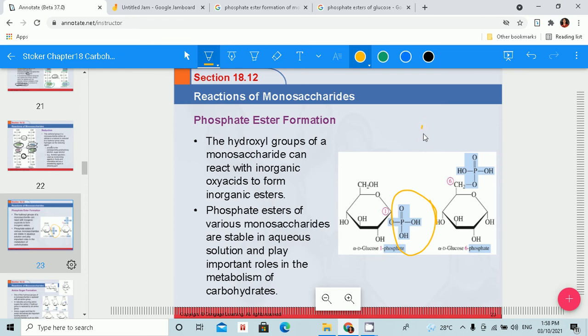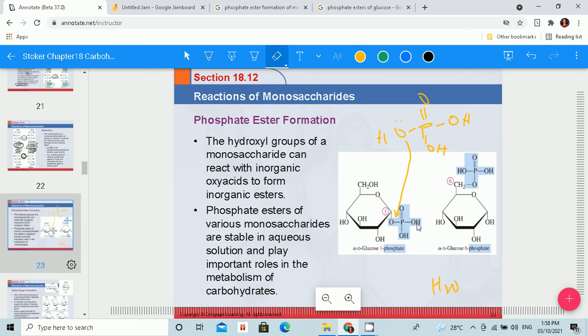Phosphoric acid is P double bonded to O, with OH, OH, and then we have OH here. So the OH here will attack the OH in our glucose, thereby forming this one. Another product would be water.